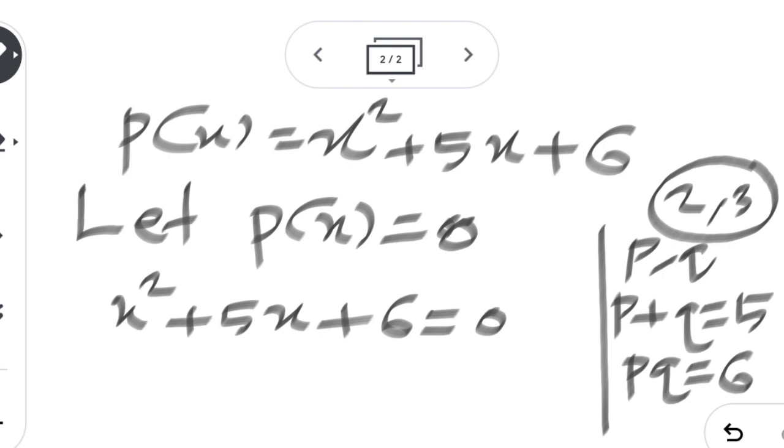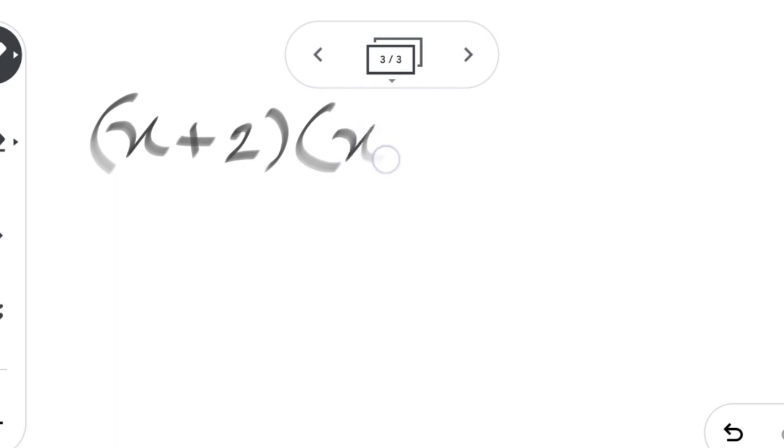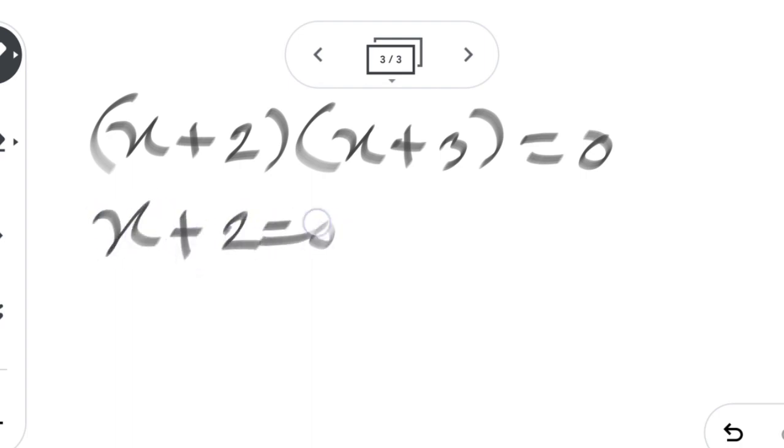So how to factorize this polynomial x square plus 5x plus 6? It is x plus 2 into x plus 3 equal to 0, which implies x plus 2 equal to 0 and x plus 3 equal to 0.